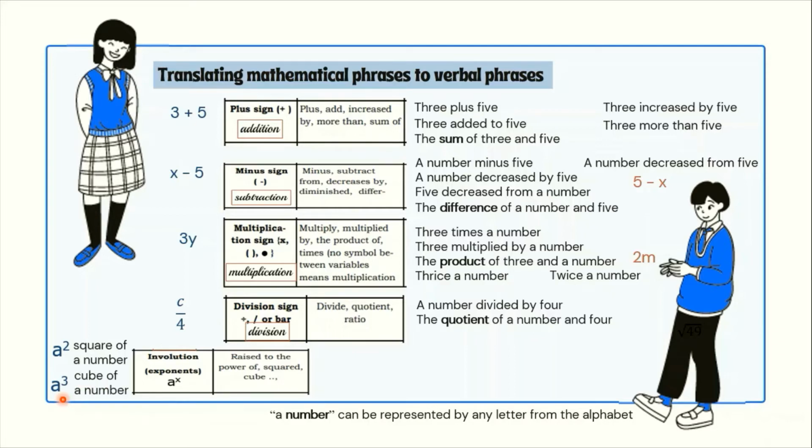Or pwede rin naman na a number raised to the power of 3. But since the exponent is 3, pwede natin siyang basahin sa kanyang special term which is cube. So, ulitin lang natin, kapag ang exponent ay 2, we can read it as squared. Kapag naman 3 ang exponent, pwedeng cube. Pero for numbers 4 and above, we'll have to read it as raised to the power of.